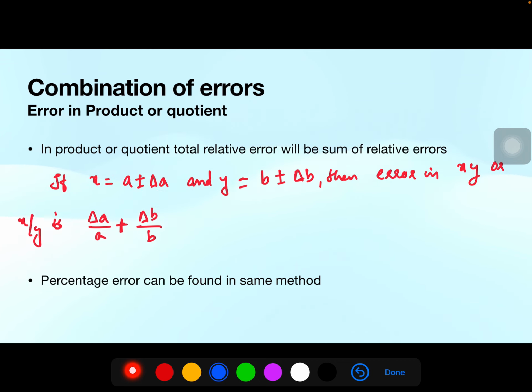Look at this example: x is equal to A plus or minus delta A, where delta A is the error. In the second measurement, delta B is the error.